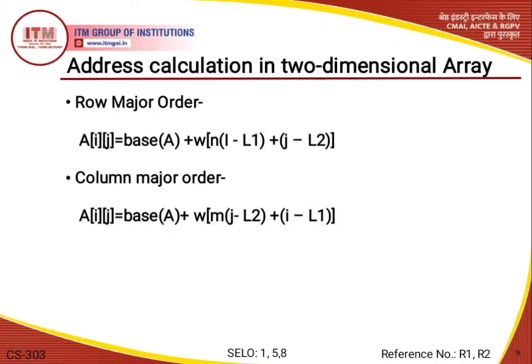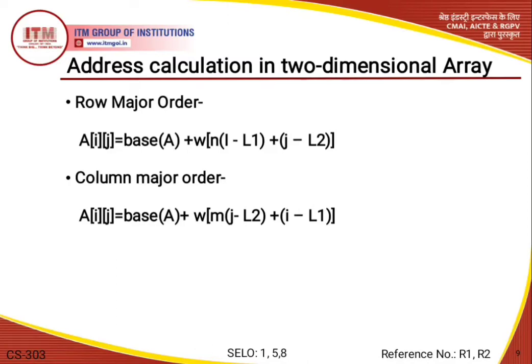Okay, where the array is again an m into n matrix, L1 represents the lower bound of row, and L2 represents the lower bound of column, and W is again the word size, n is the number of columns, and m is the number of rows, and base is the base address, and i is the row index and j is the column index.